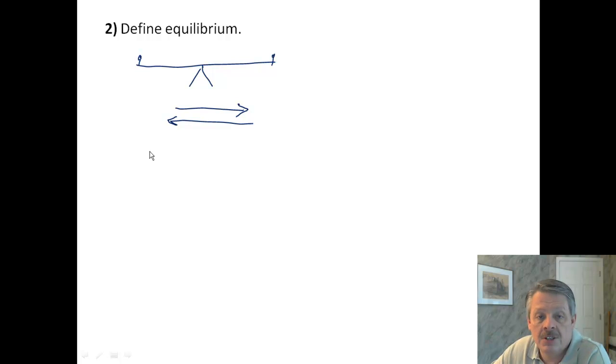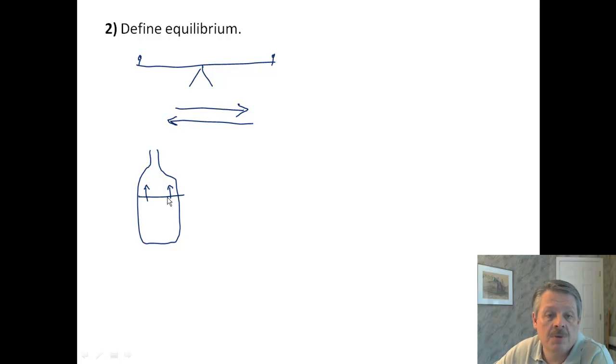And the easiest thing for us to do, I think, is to think about a bottle of water, where the water is always evaporating. So here I have a bottle of water. If I leave the water just sitting open, the water is going to evaporate, and over time all of it is going to evaporate. Think of it as soda, for example. All of the carbon dioxide that's currently in the liquid will eventually come out and the soda will get flat.